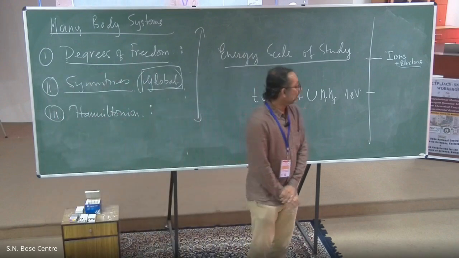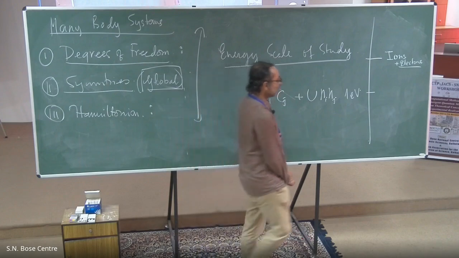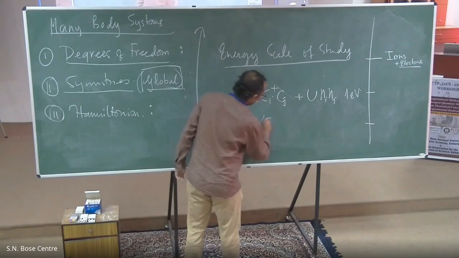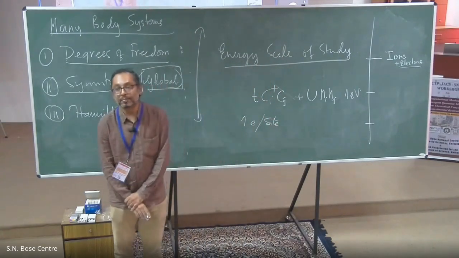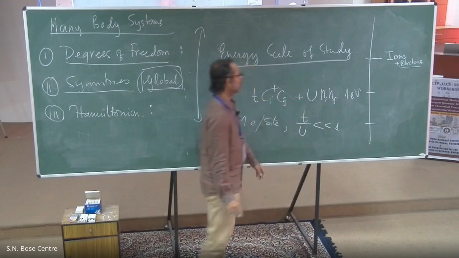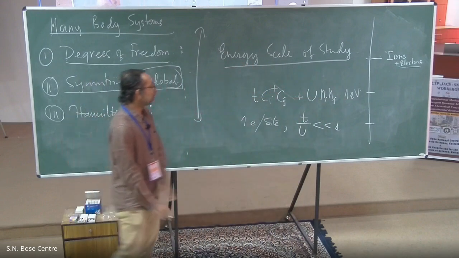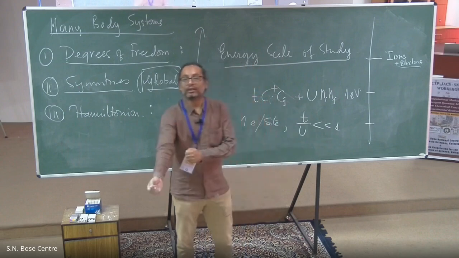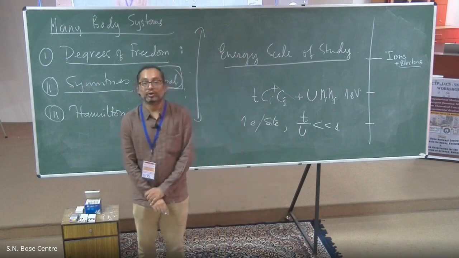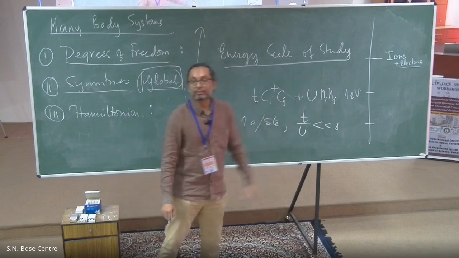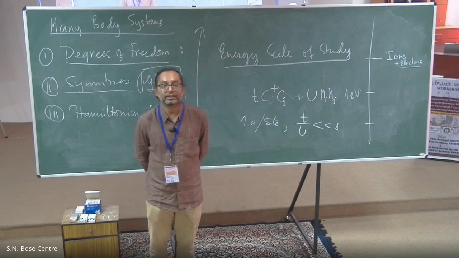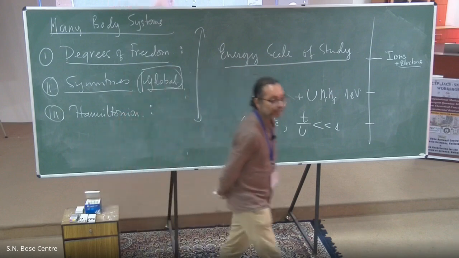But now, if I want to think about even lower energy physics for a particular system where there is one electron per site, which is like half filling, and I'm in the regime where t over U is less than 1, then as Arun might have discussed, the electrons have a hard time jumping around in the lattice, and we have these effective spin models where one electron sits per site, and the spin can point up or down, and it can gain some delocalization energy through spin exchange interactions.